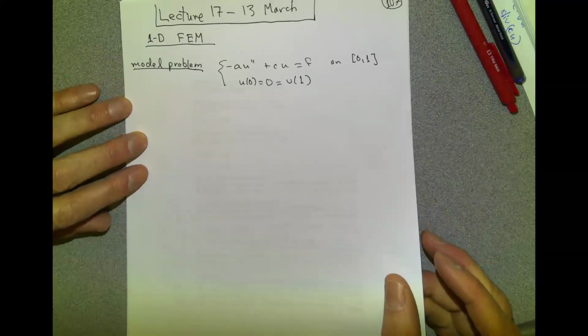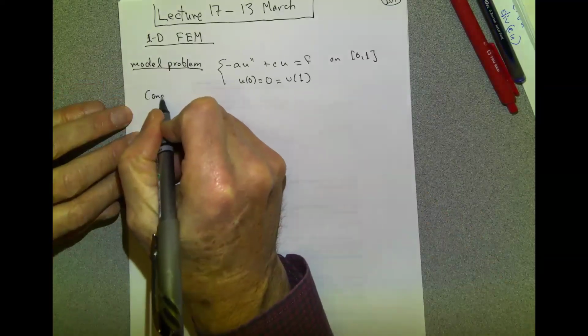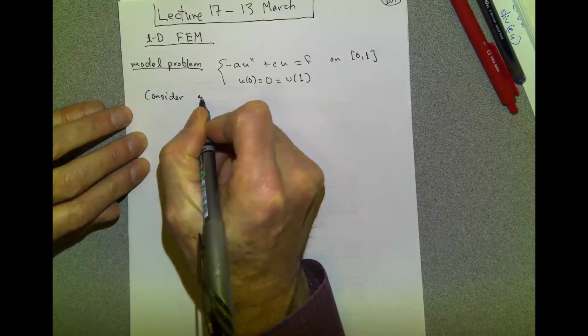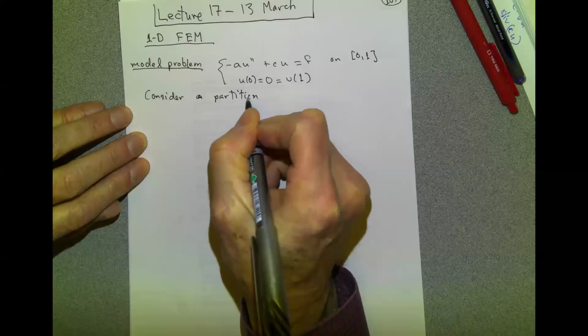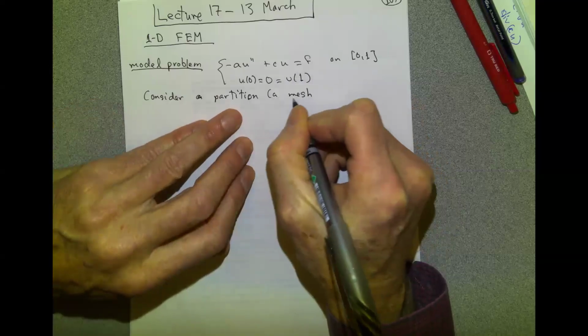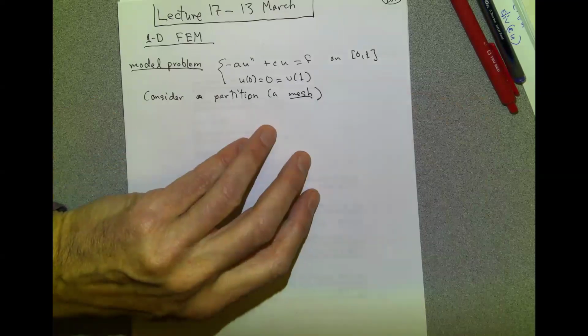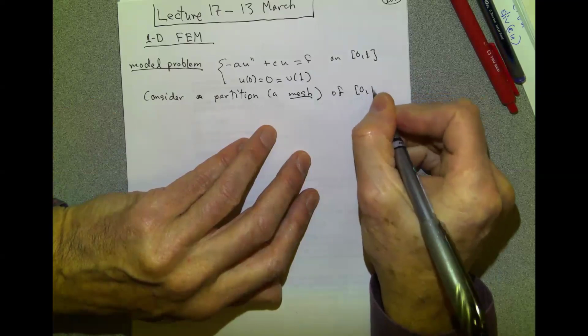So what do we need to start with to define our finite element method? We consider a partition. Usually, a partition is called a mesh, in fact, for us. A partition of the interval 0, 1.